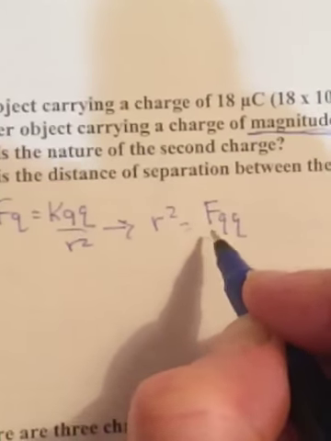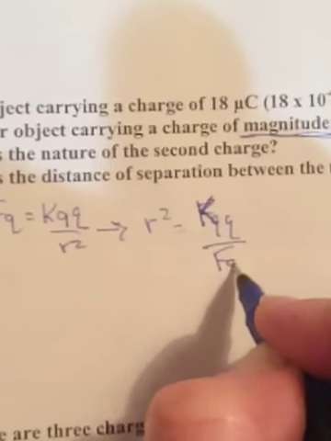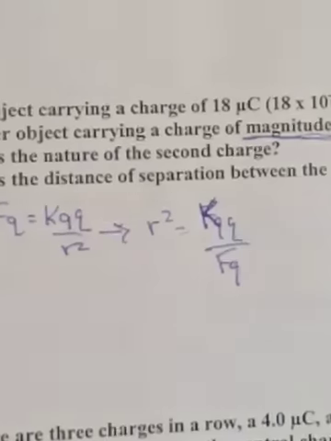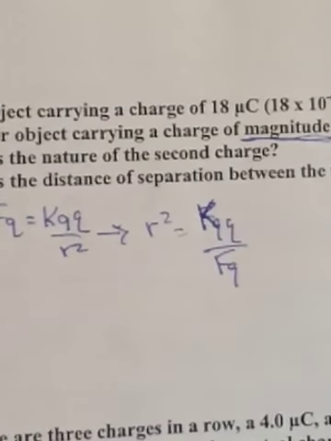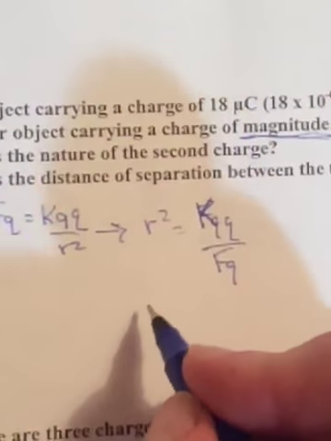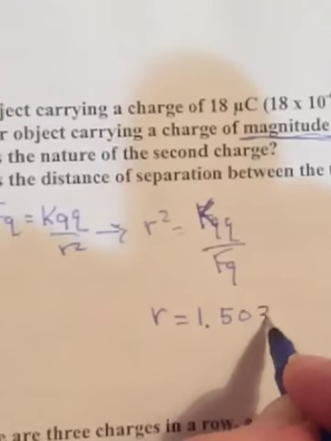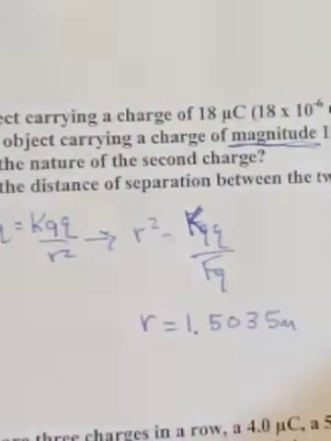So we probably do not have to go through this one. When you do it, though, just in case you try it on your own, you should get 1.5035 meters for r after you take the square root. So if you didn't do your homework and you want to try that one, please do.